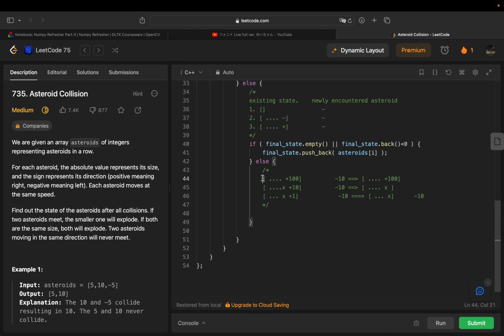So the first condition, the second condition, the third condition.